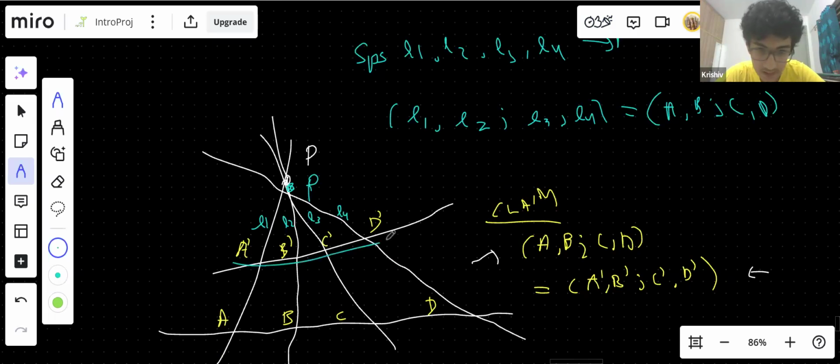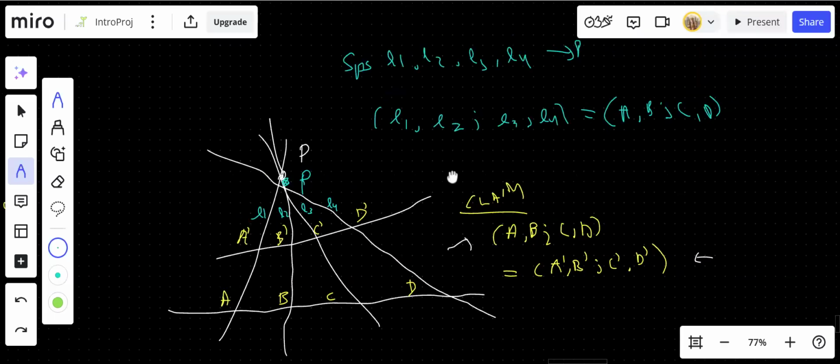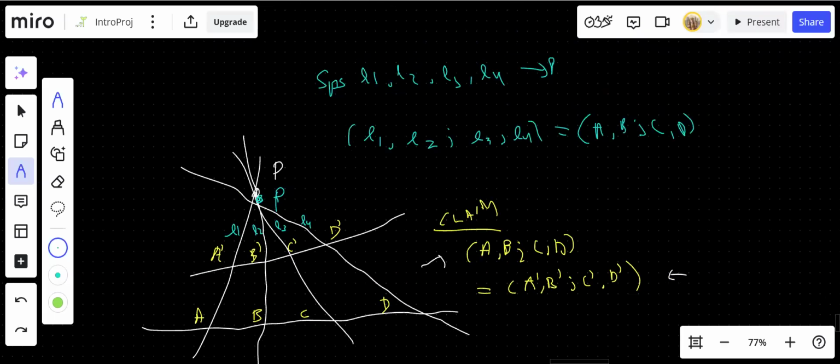Since we know that for any A, B, C, D that intersects the lines, it's always constant, this is a viable definition because any line that intersects them will work. Does this make sense? I hope this makes sense.